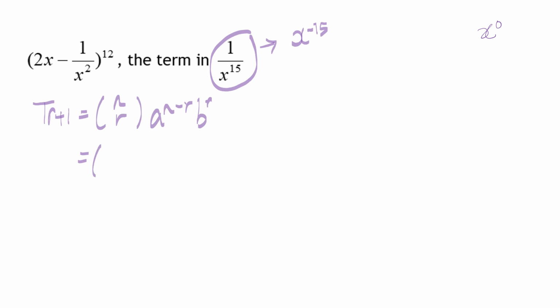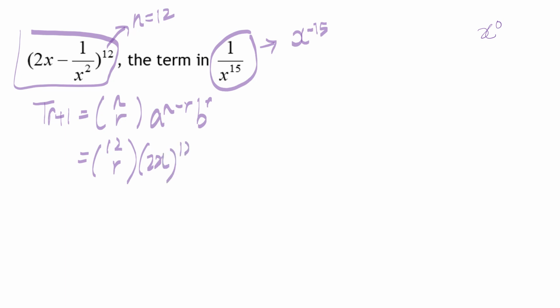Looking at what we are given, n is equal to 12, r is the value we need to find, a is bracket 2x, and the value of b is negative 1 over x squared.